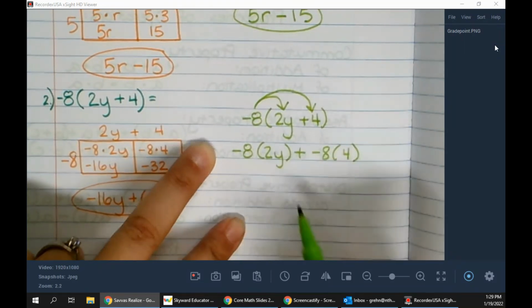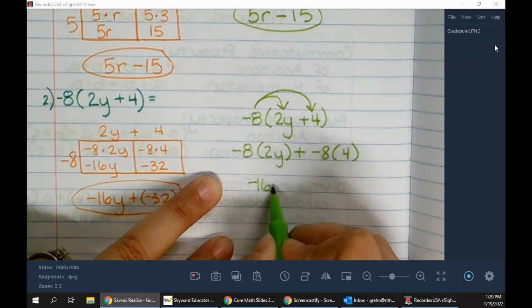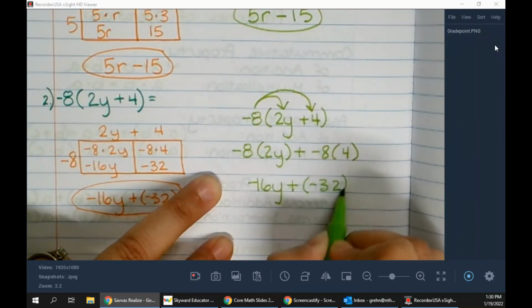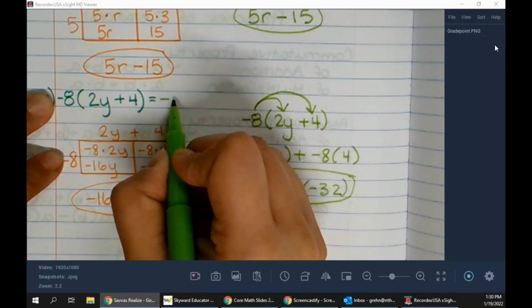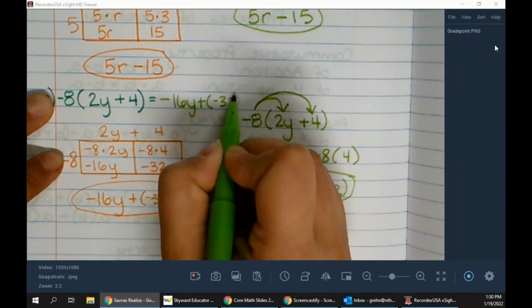And I'm going to simplify this. So negative 8 times 2 is negative 16, and then I'll bring down my y, plus negative 8 times 4 is negative 32. Okay, so we get the same simplified expression either way, which is equivalent to what we started with.